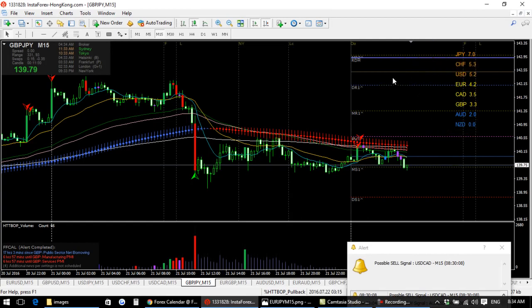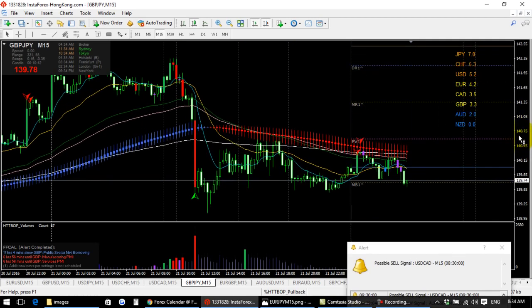This one in here you can see is a kind of grey color. Those are half or quarter numbers, so this would have been 142.500. Round numbers, quarter numbers, those are also strong levels you must be aware of. There's a daily resistance 1, a monthly resistance 1, and then right over here is a pivot level there.